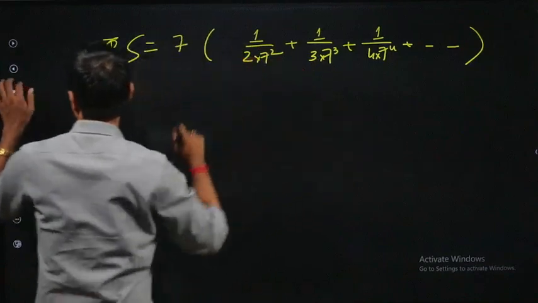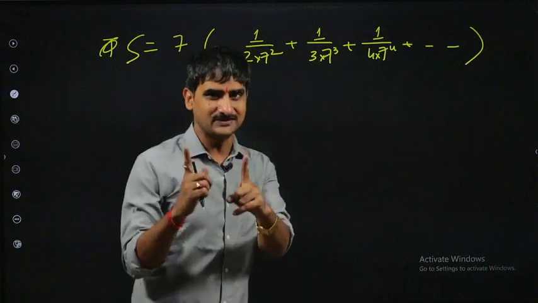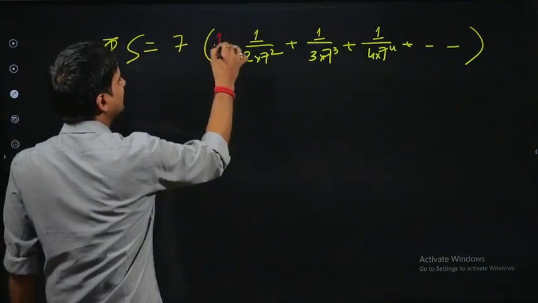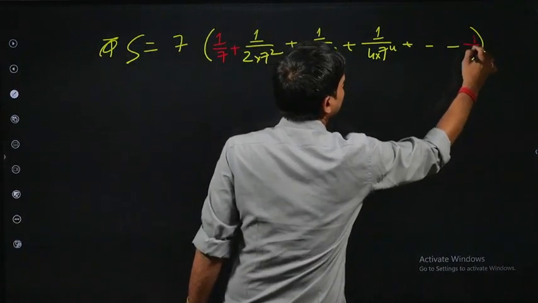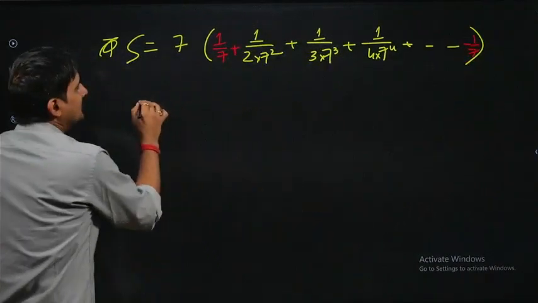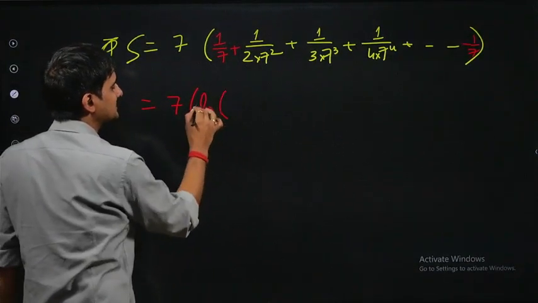See, I left a gap in the beginning itself, and the reason is we don't have that first term, so we need to add that term 1 by 7, and since we have added, we need to subtract it at the end also. Now again, this is 7 into the same series, isn't that so?